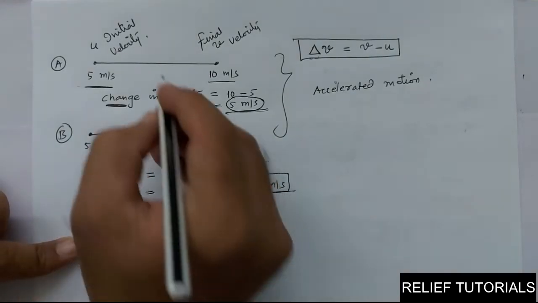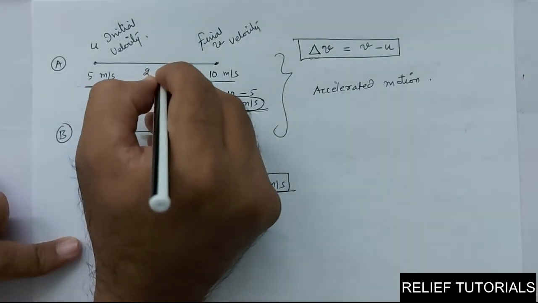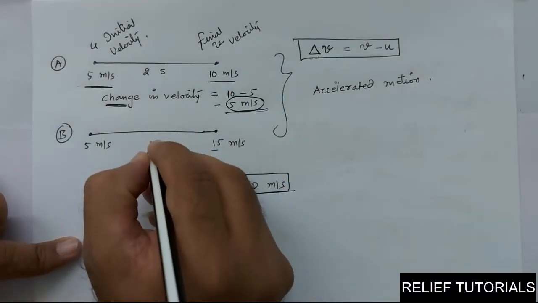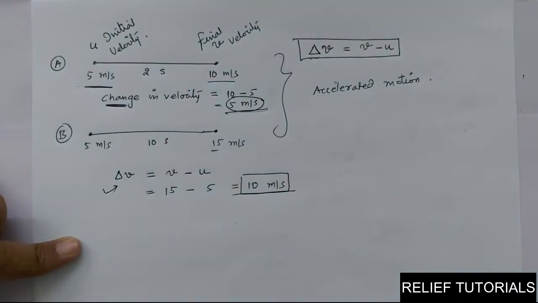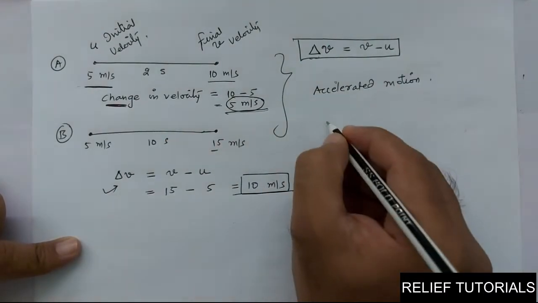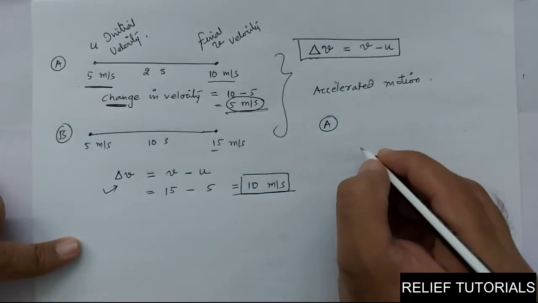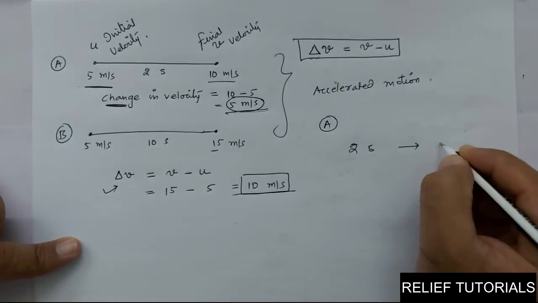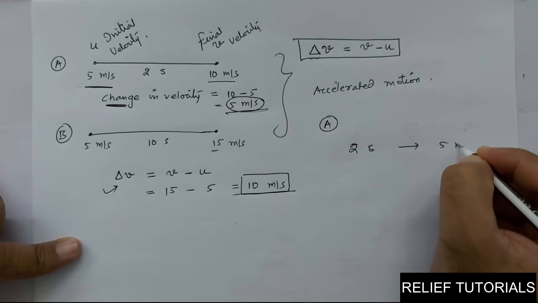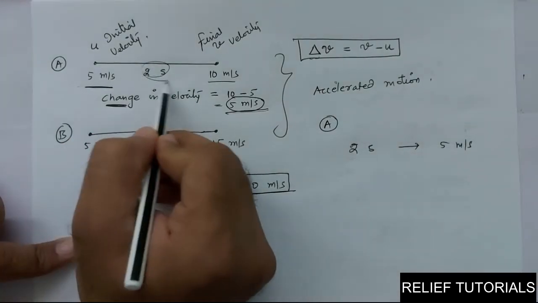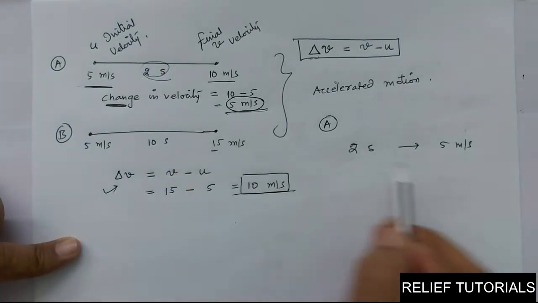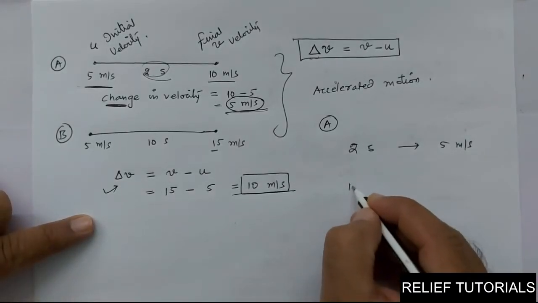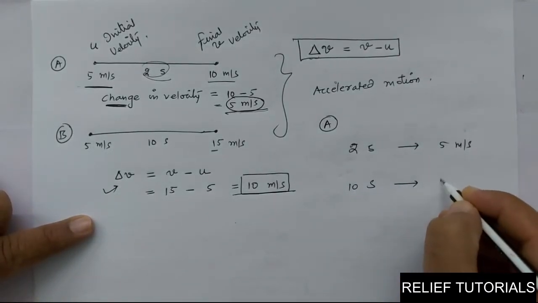But if I say this change takes place in 2 seconds, and this change takes place in 10 seconds, then in the first case A, in 2 seconds, the change in velocity is 5 meter per second. And in the second case, in 10 seconds, the change is 10 meter per second.